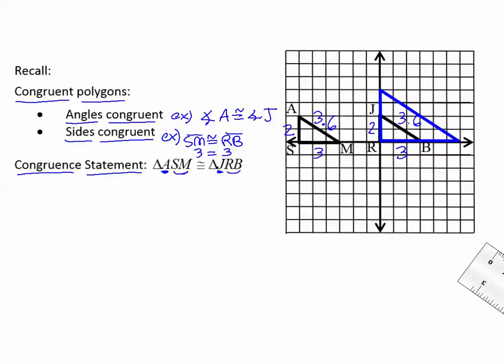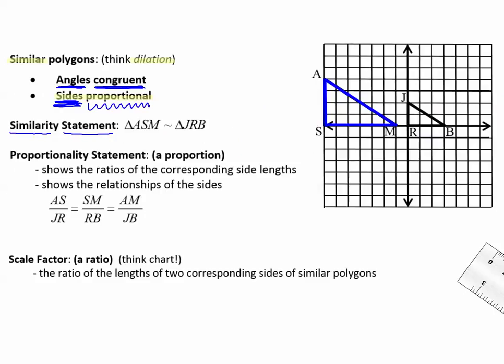Remember, the congruence statement has the equal sign under the squiggly, so you know more things are equal. The similarity statement has just the squiggly because not as many things are equal. So the angles are still congruent, but now the sides are proportional.